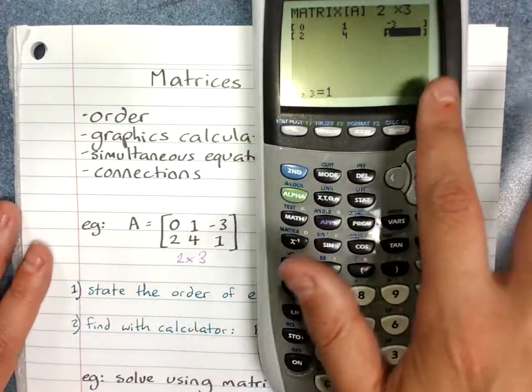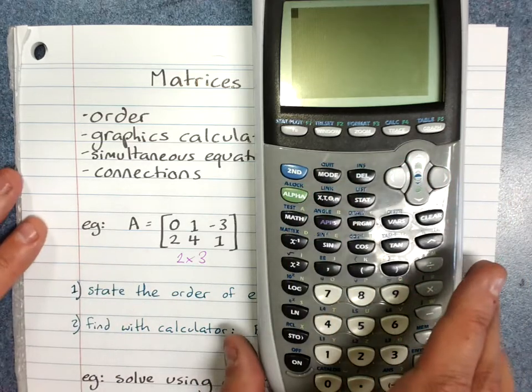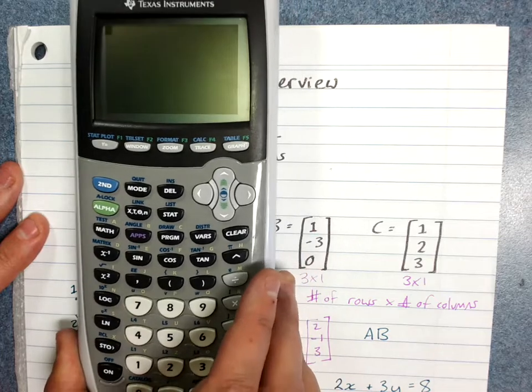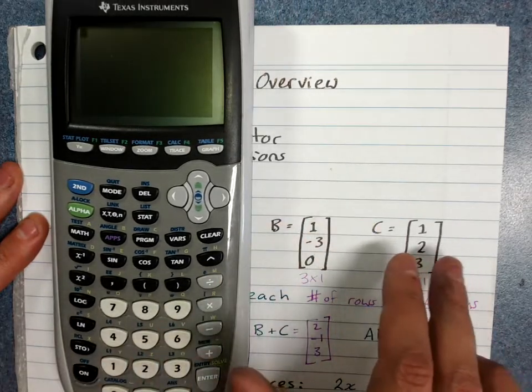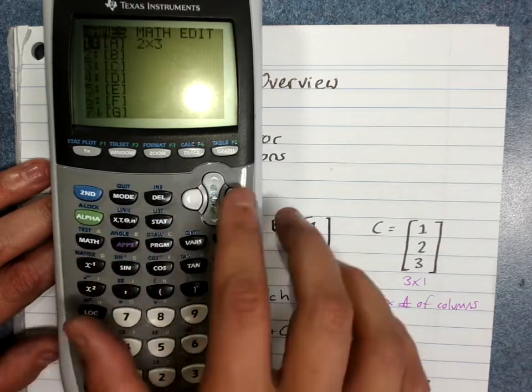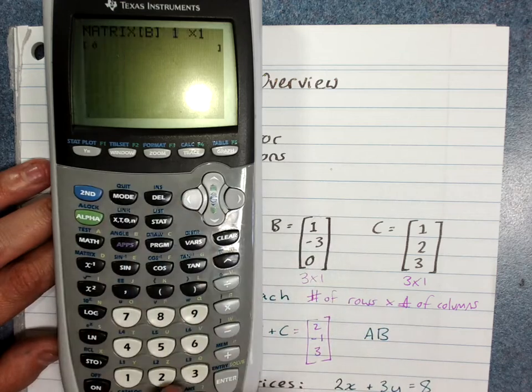So once you've entered that matrix in, you quit out of that. We'll also want matrix B and C. So you enter those in the same way. Into your matrix menu, move across to edit, and move down to 3.